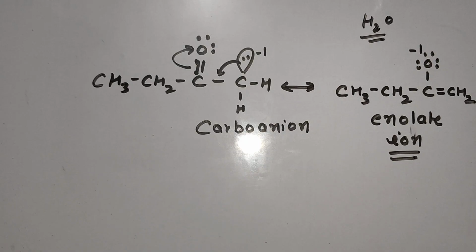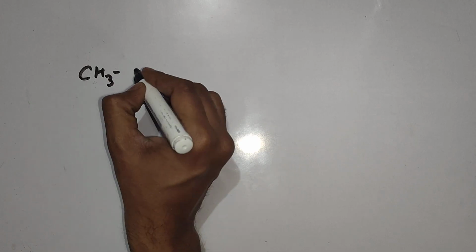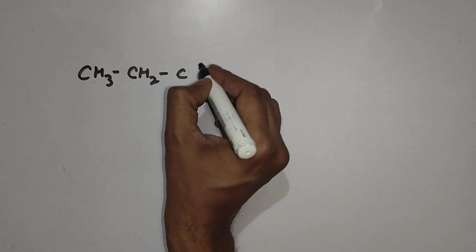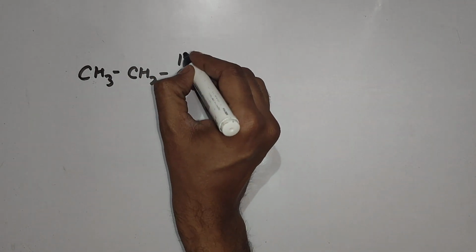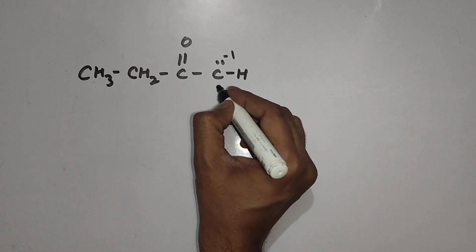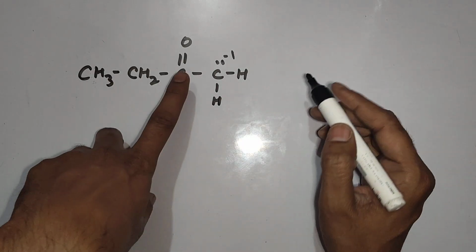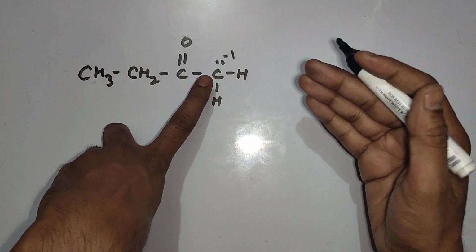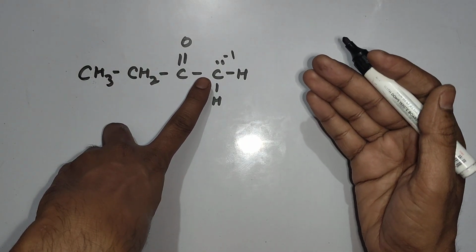Now, the carbanion which is generated on the enolate ion of the ketone is generated here. It's a negative particle, and it wants a positive particle for the attack. Where do we have a positive particle?